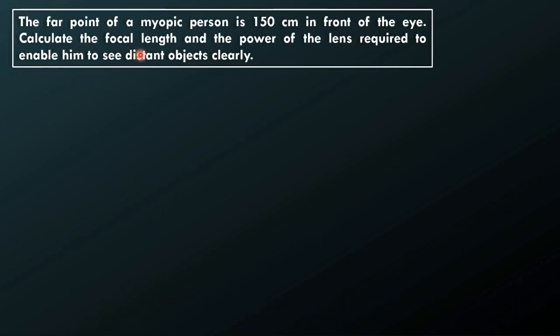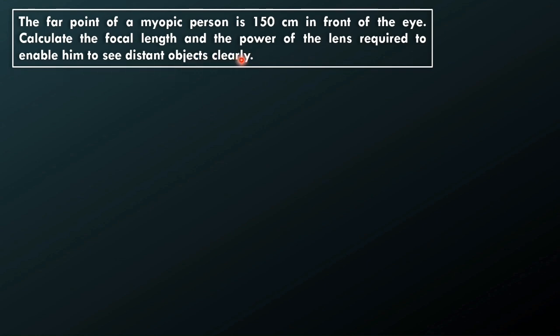Okay, see the last question. The far point of a myopic person is 150 cm in front of the eye. Calculate the focal length and the power of the lens required to enable him to see distant objects clearly.